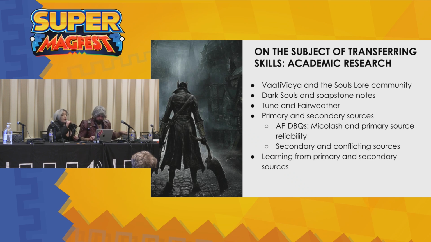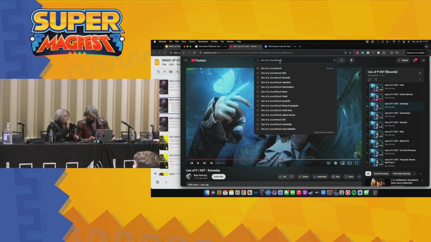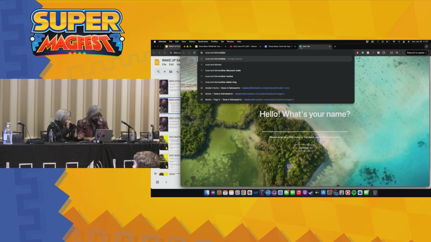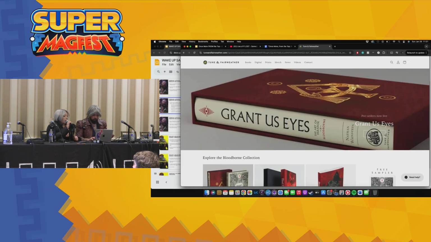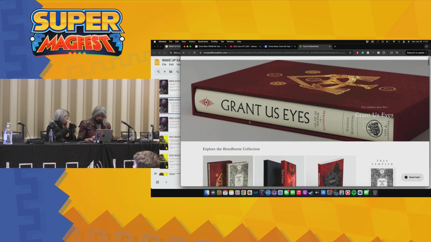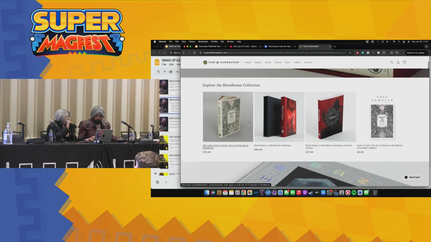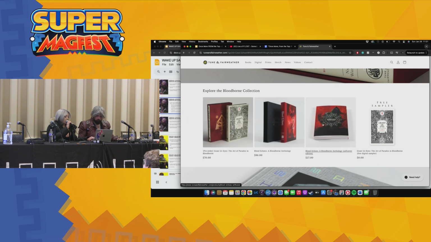Sure. Tune and Fairweather are a high-end bookbinder, and this is their website. They work with Vaati Vidya to produce lore books for Dark Souls, Bloodborne, and Elden Ring. They produce both absolutely gorgeous bound editions as well as just paperbacks.